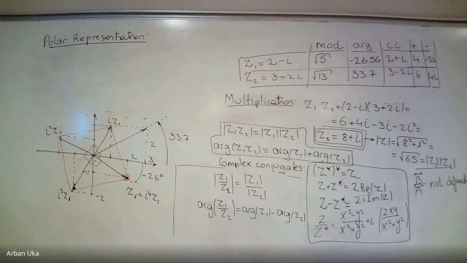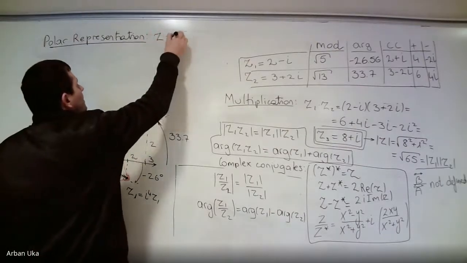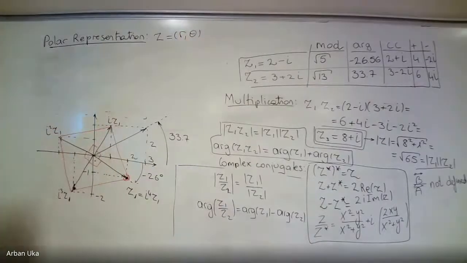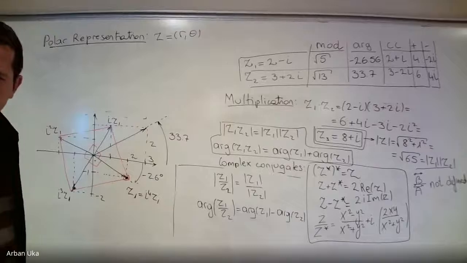So the polar representation is a representation where any complex number Z can be described as an R and theta, which in principle we are somehow already doing. And by the way, the polar representation is much easier to manipulate. So we can play around with it.